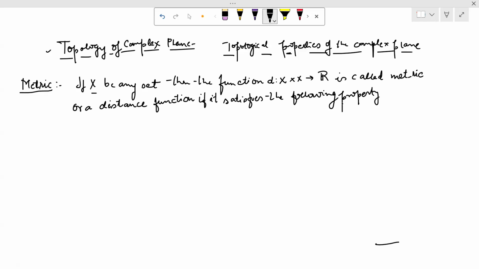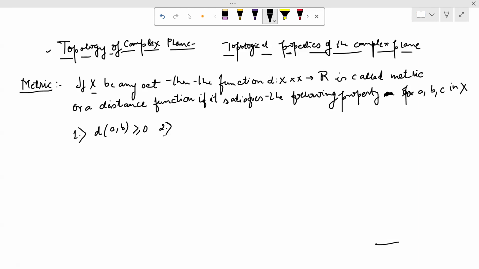What conditions does it satisfy on X? If X is any set, then the function d from X cross X to R is called a metric or a distance function if it satisfies the following properties for a, b, c in X. The first property is that the distance should always be greater than or equal to 0.